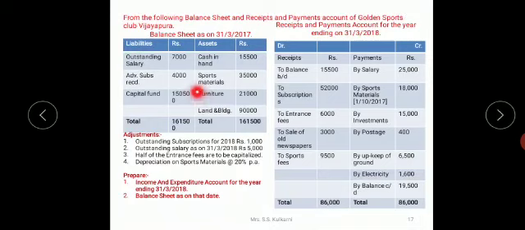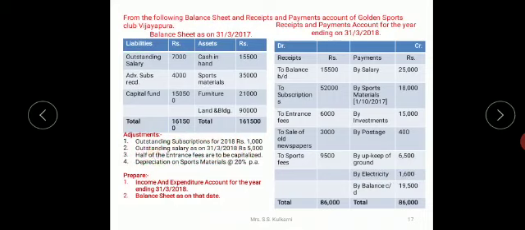What is given in the balance sheet is for the last year. What is given in receipts and payments is the current year. Then we also have adjustments that have to be done. These adjustments will be taken twice, once in income and expenditure and once in the balance sheet. So all adjustments will be recorded twice.